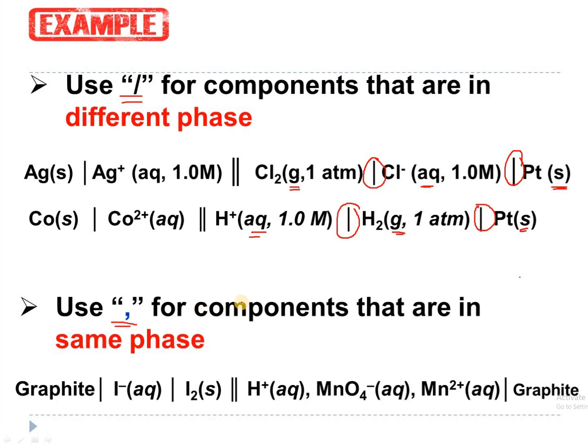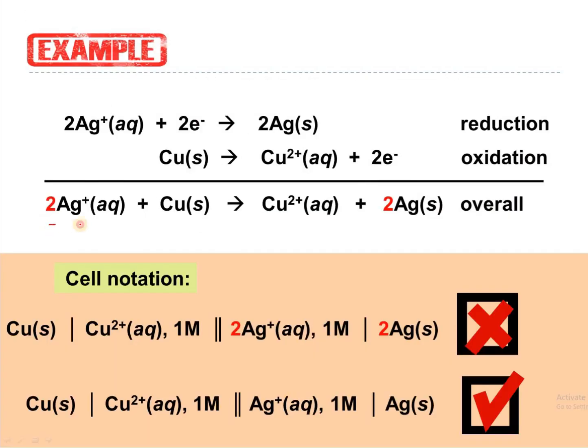Use a comma for components that are in the same phase in our cell notation. For example, if you have aqueous phase and aqueous phase and aqueous phase, put the sign of a comma. As a reminder, after students write the overall equation, to write the cell notation, don't put the coefficients of the overall equation in the cell notation.